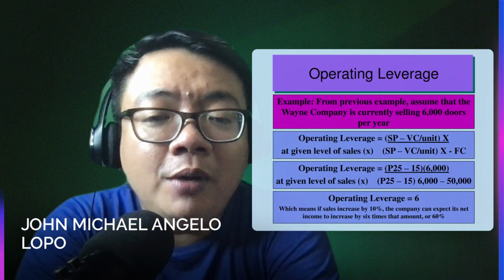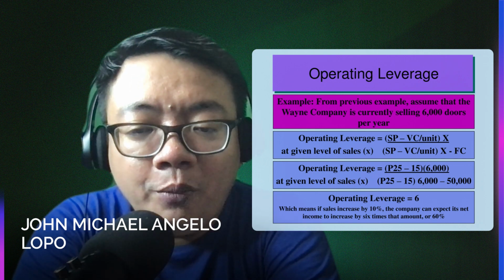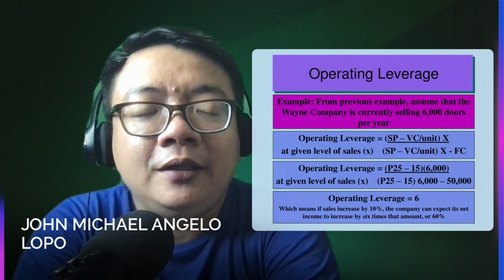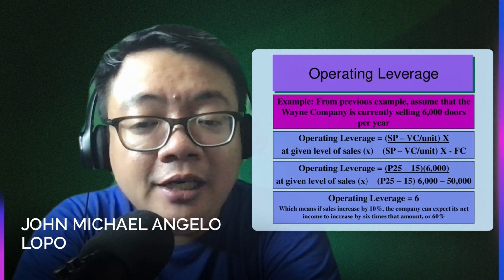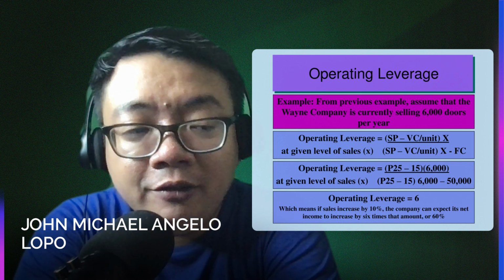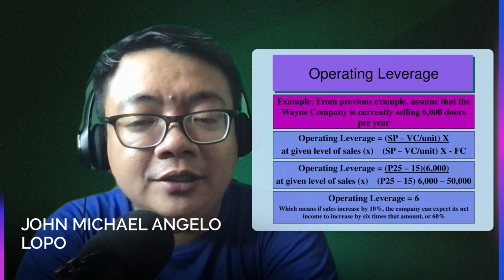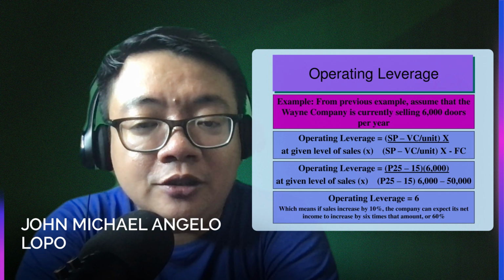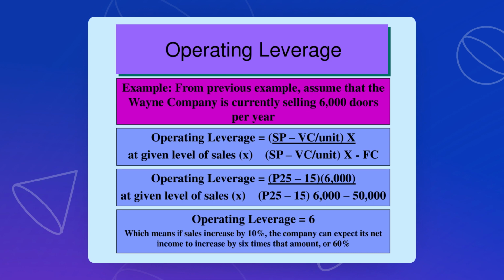Again, please go back to the definition of operating leverage. What is operating leverage? The other formula is the percentage change in EBIT, earnings before interest and taxes, divided by the percentage change in your sales. So that's the formula, class. What does it mean? It means that if sales increase by 10%, the company can expect its net income to increase by 6 times that amount.